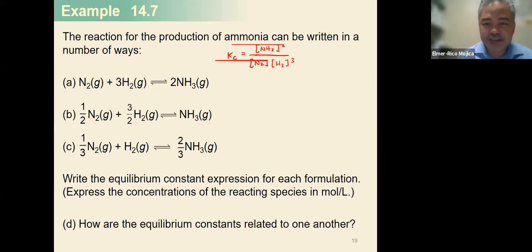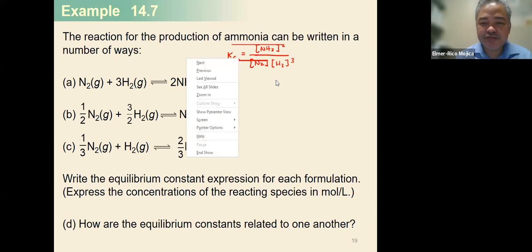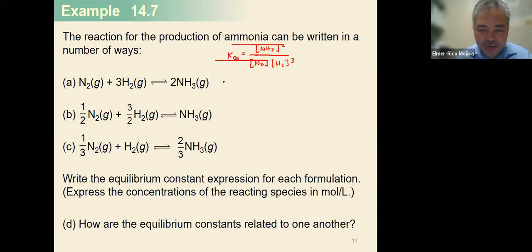So we could say this is KCA, just to denote. Now, how about the KCB? So we follow what we have there.